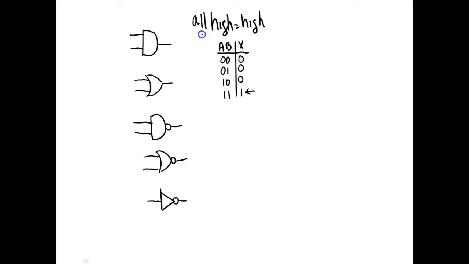And when we look at this, we say all highs equal high. So what would happen if any input is low? Well, I can't get a high. I mean, this is an any, this is an any, this is an any.